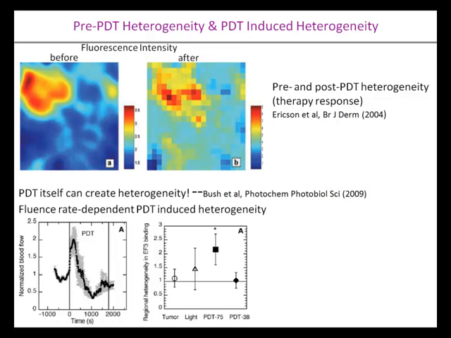And interestingly, Theresa Busch at UPenn investigated that PDT itself can create heterogeneity. Even if you have a homogeneous lesion, if you have too much light, this is PDT at 75 milliwatt per centimeter square versus 38 milliwatt per centimeter square. This is the low and slow case. You don't have that much heterogeneity in EF3 binding, hypoxia.